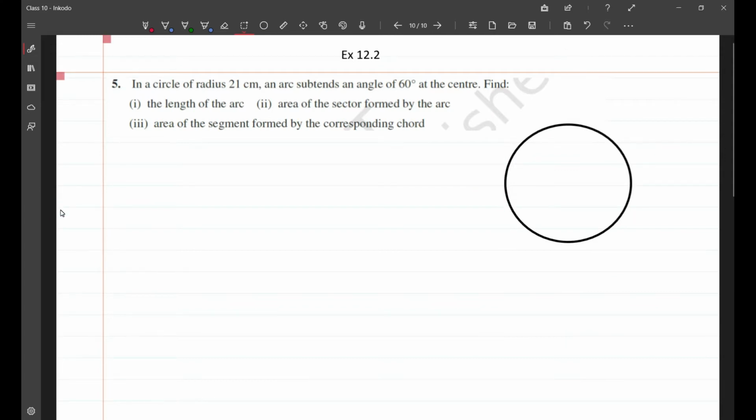This is the circle. Let me take O as center, and given radius of this circle is 21 centimeter. An arc subtends an angle of 60 degree. So firstly I will draw one of the radius, then I will draw one more radius such that angle made by those two radius is equal to 60 degree.